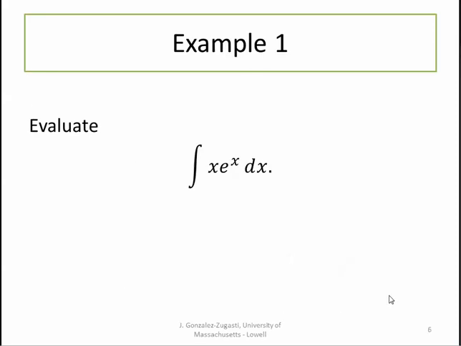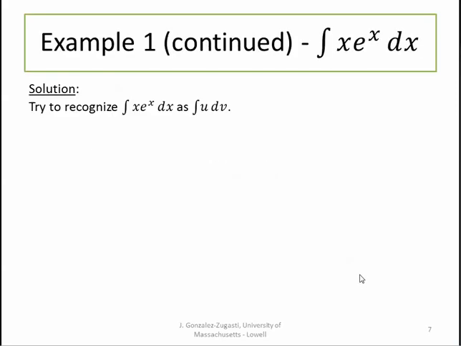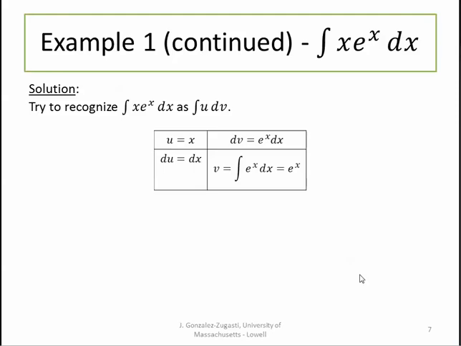So let's do an example to see how this is going to work. Let's evaluate the integral of x times e to the x. So what we need to do is recognize this integral in the form the integral of u times dv. One way we can do this is we can let u be equal to x and dv be equal to e to the x dx.